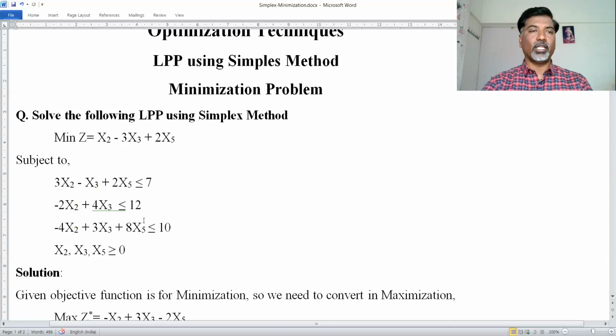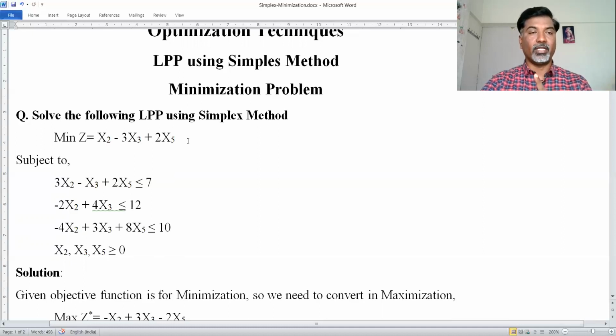To solve the problem, we have to identify the type of problem. In the given case, the objective function is for minimization. Here x2, x3, x5 are called basic variables.